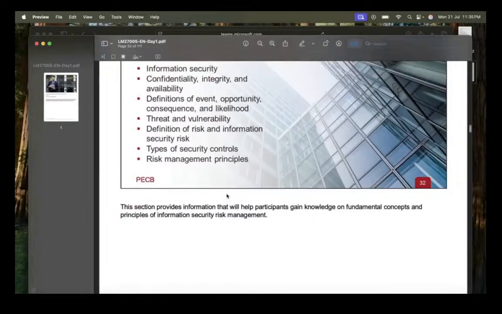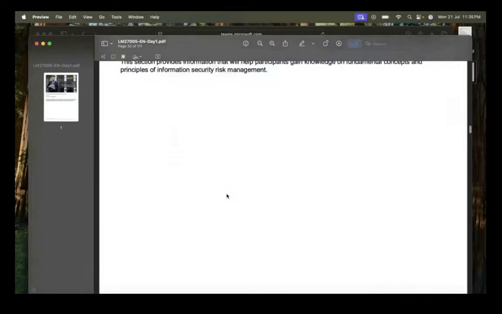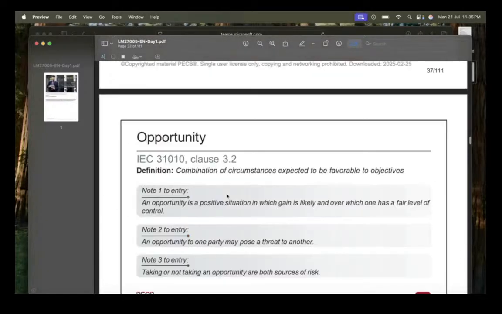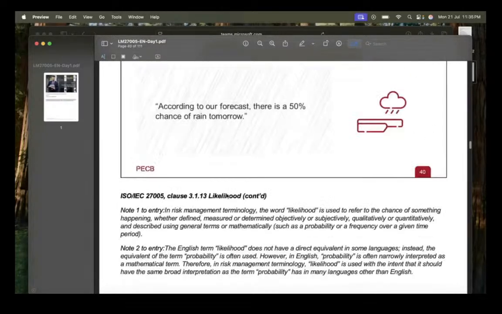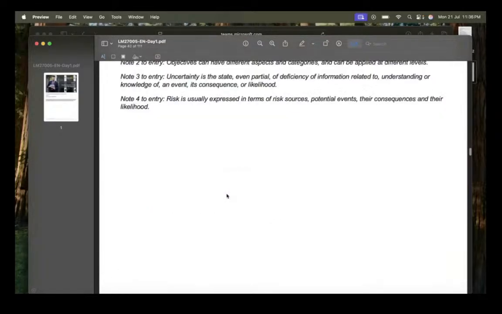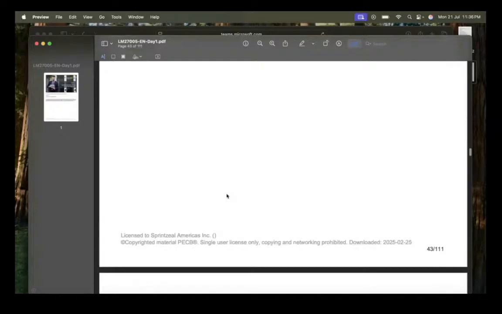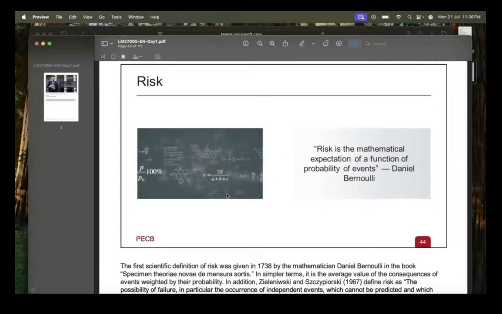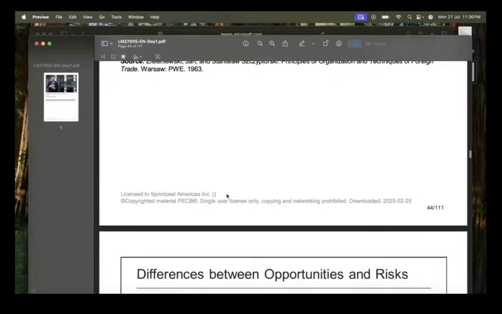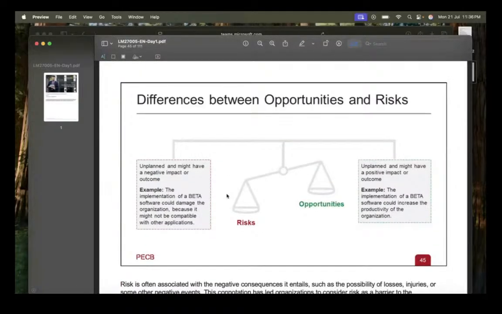Today, we are going to move forward after the risk. The last thing we discussed yesterday was the definition of risk, how to define it, and the definition given by Daniel Bernoulli. Today we are supposed to move forward with the differences between opportunities and risk.